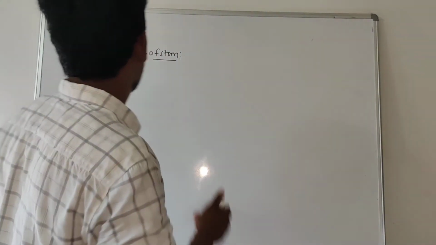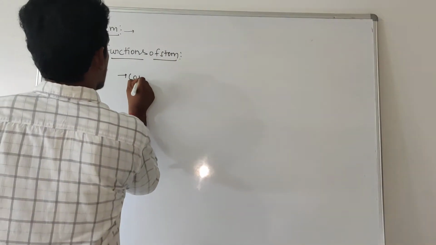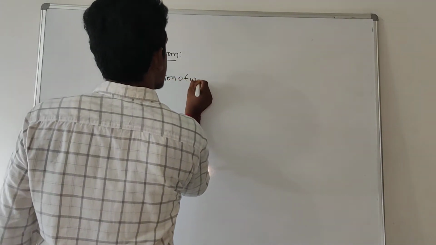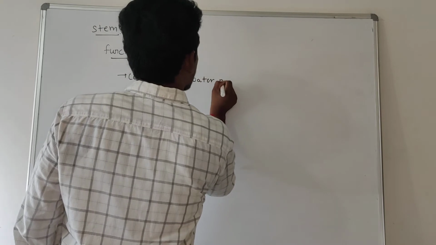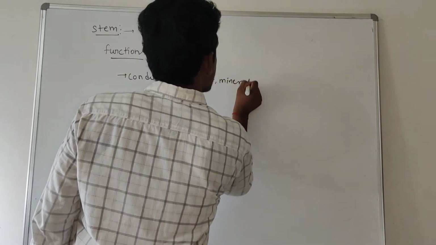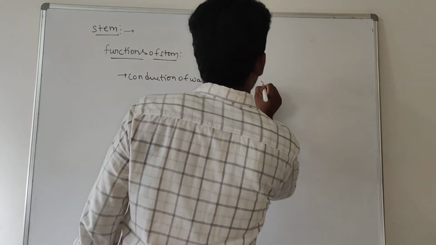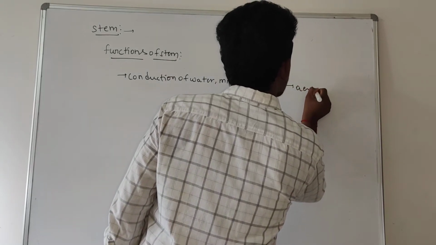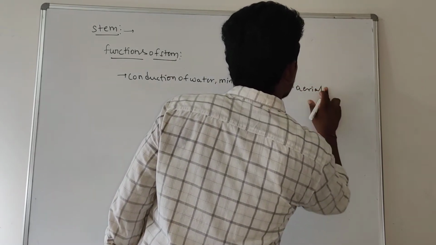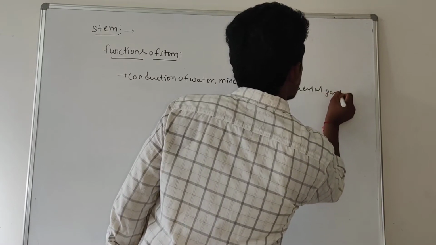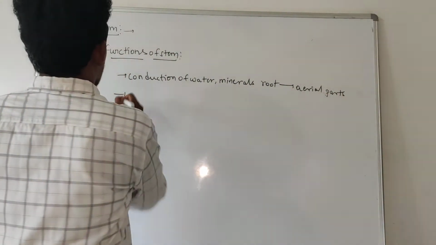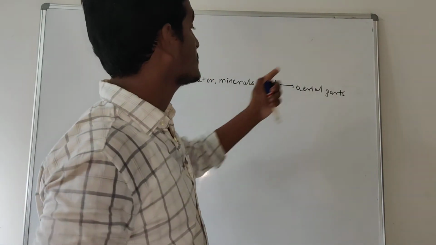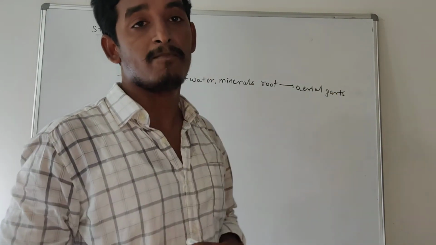So the stem helps in conduction of water and minerals from the root to the other aerial parts. The stem not only helps in the conduction of water, it also helps in conduction of food material.